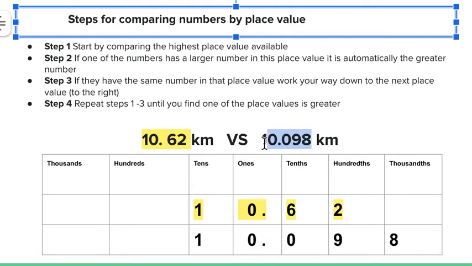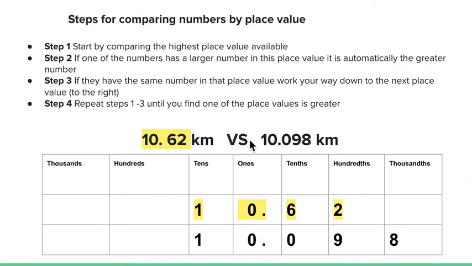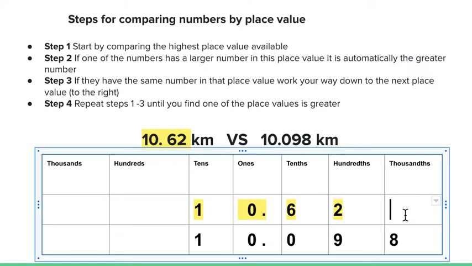Some of you may be saying, well, wait, this one here has 5 digits in it, and this one to the left here that I have highlighted only has 4 digits. Well, if that is difficult for you to understand, all you have to do is add a 0 here in the thousandths column.